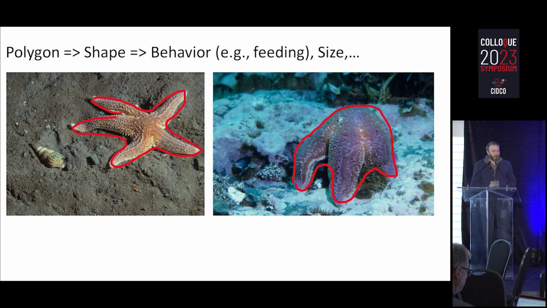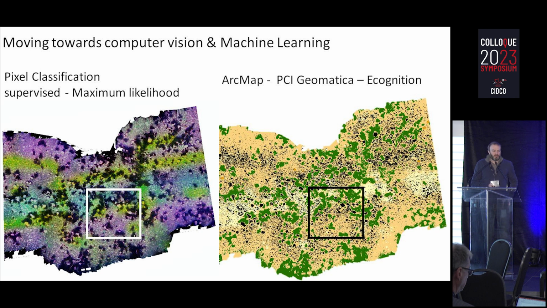We are trying to move towards an automatized approach. We have been doing some tests, and we had someone helping us do pixel classification on our mosaics to have the layer of the bottom type. They used PCI Geomatica, I think, and you can see from this image that this way we can have really nice polygons for the different classes of substrate, clearly better than what we can do manually.